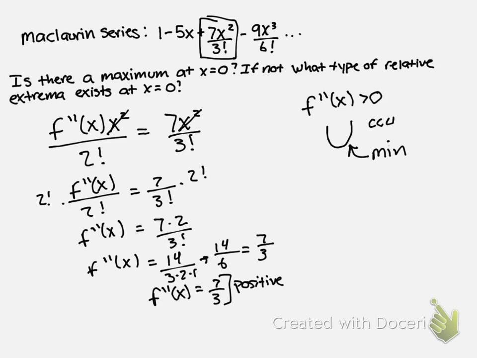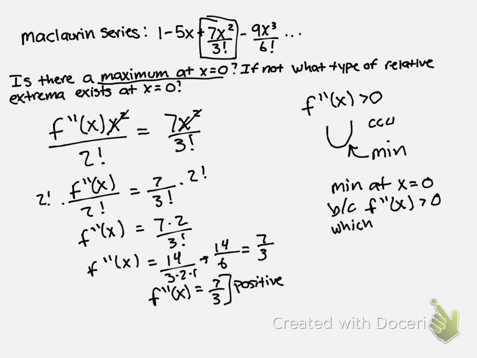So then to answer the problem itself, we know that there isn't a max, but there is a min at x equals 0, because f double prime of x is positive or greater than 0, which means that it's concave up.